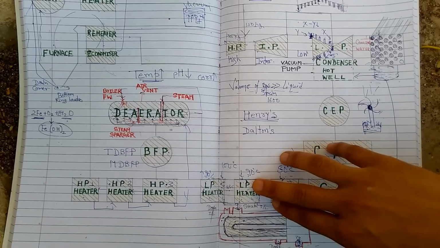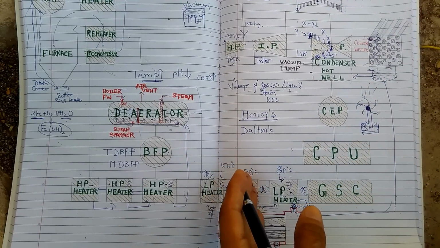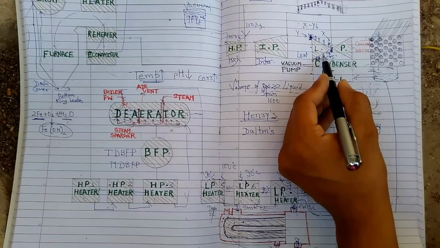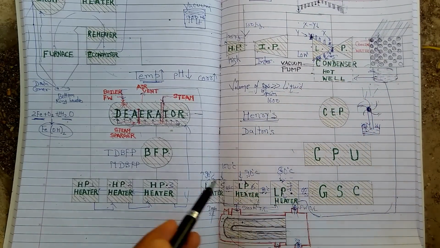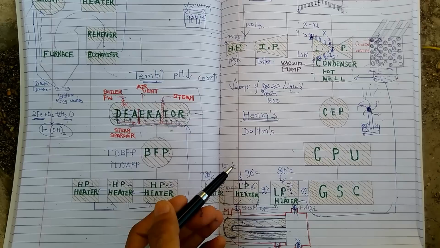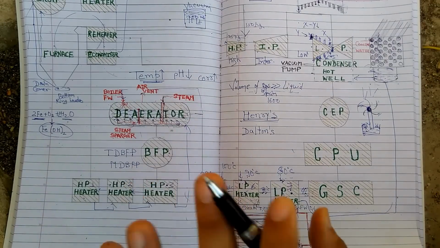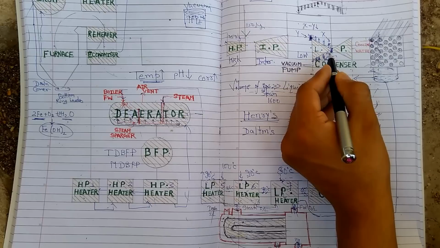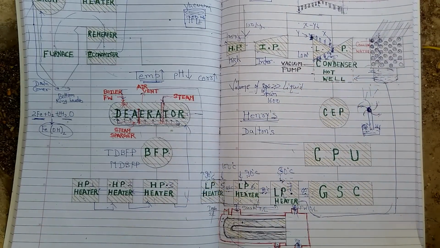For this LP heater 6 I need steam of somewhat higher temperature than 80, so I can tap it from somewhere in the middle of this LP turbine. Then for LP heater 5 I need steam having higher temperature than this, 100 degree centigrade for example. Then I can extract it from somewhere in the initial stages of this LP turbine.